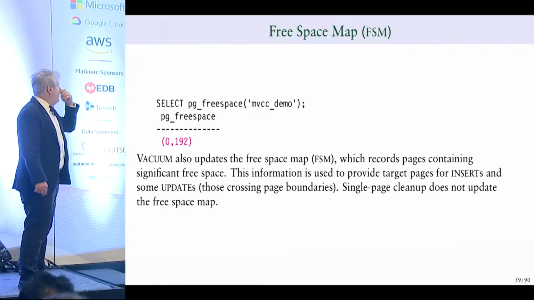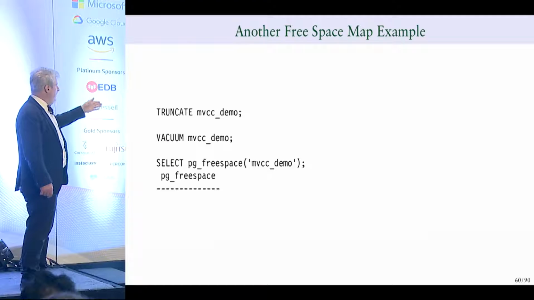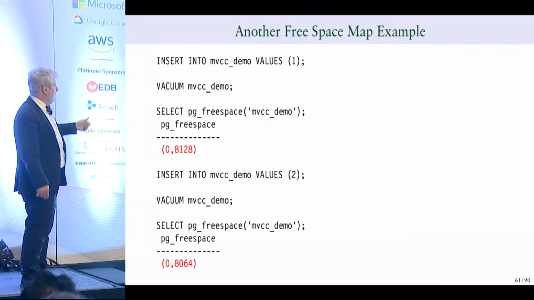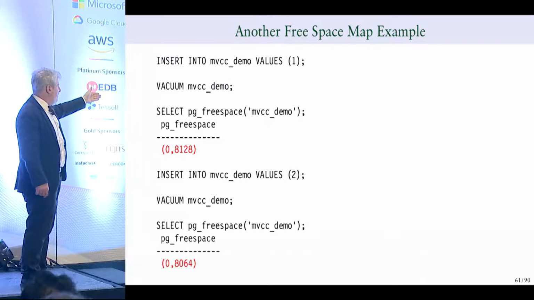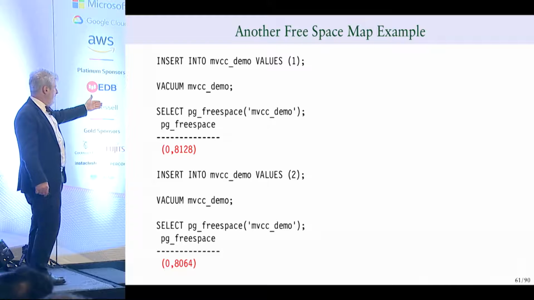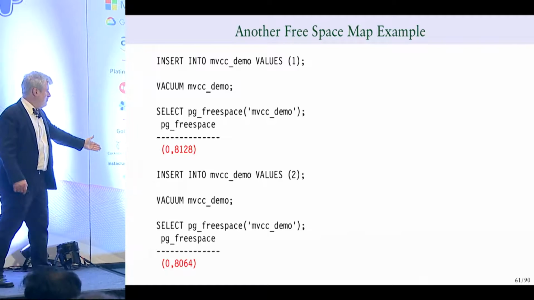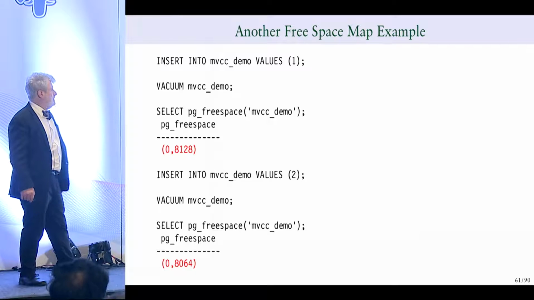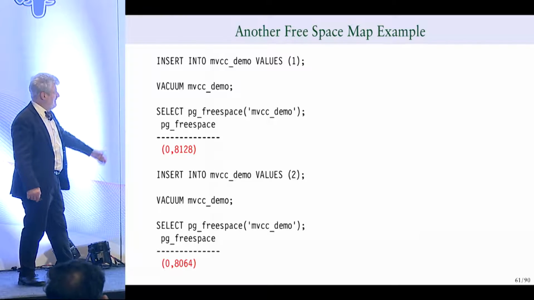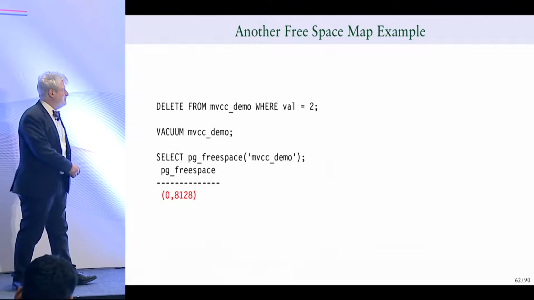The free space map tells us where to put new rows. Here the free space map is empty. And now if I insert a row, you can see the free space map is pretty full. If I then run an insert and then I run vacuum again, you can see it has more free space because we cleaned up some of the data. I know it's kind of detailed, but the free space map is just used to find empty space in the system.